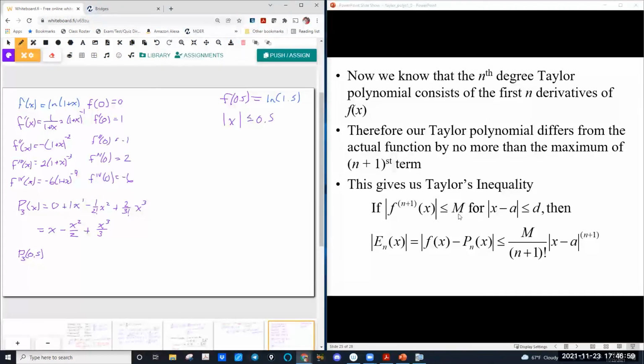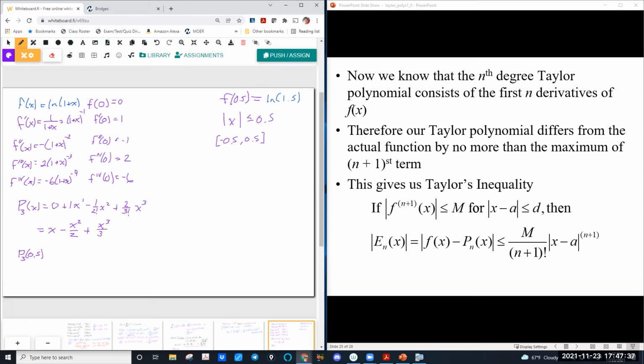Now, the last thing we have to do is maximize the n plus first derivative on this interval. If the absolute value of x is less than or equal to 0.5, we're on the interval from negative 0.5 up to 0.5. We'll also look at 0 on this one because something interesting is going to happen there, but I want to do it on the full interval first, and then we'll look at the half interval because I want to show you something.